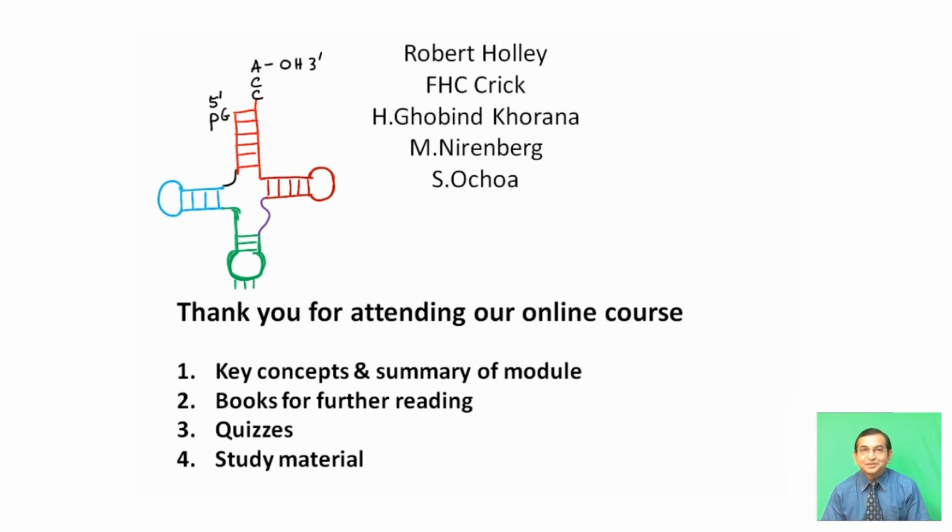All of these scientists played an important role in solving the problem of decoding of genetic information, and all of them received the Nobel Prize for this great milestone in the science of genetics.